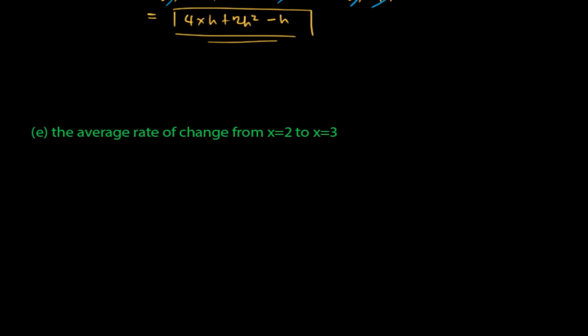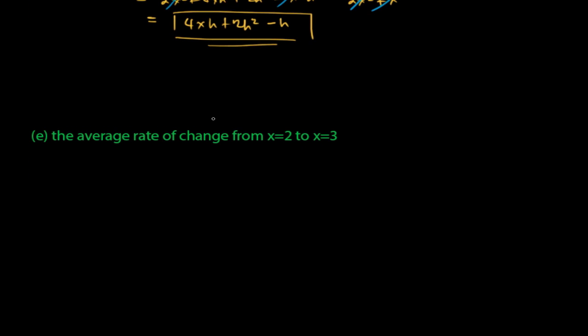It says find the average rate of change of the function f of x, from x equals 2 to x equals 3. So now you recall, or let me just give a very short definition here.